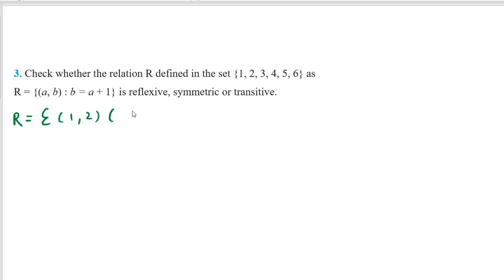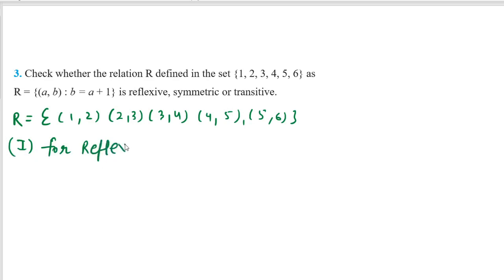If I take 1, it becomes 1 comma 2. If I take 2, it becomes 2 comma 3. If I take 3, it becomes 3 comma 4. If I take 4, it becomes 4 comma 5. If I take 5, it becomes 5 comma 6. This is your relation. Now for reflexive, what is given here?